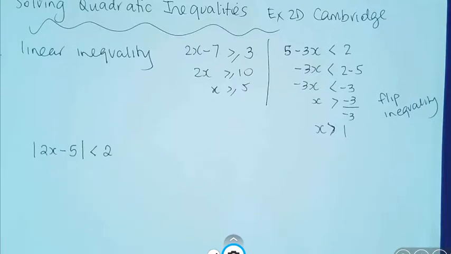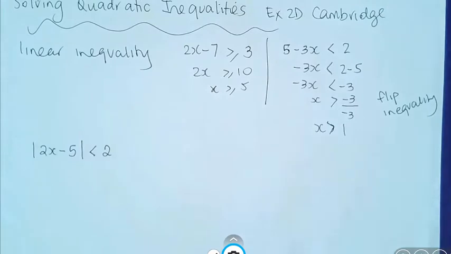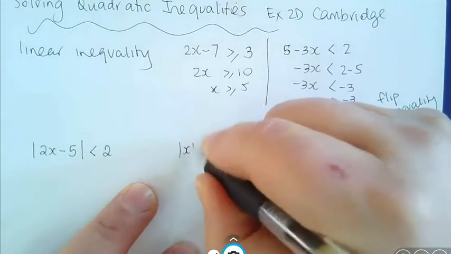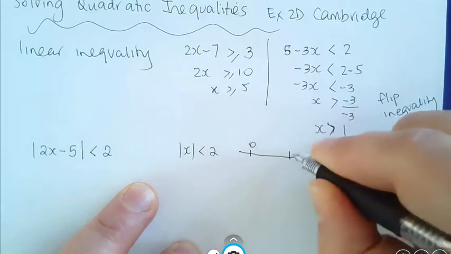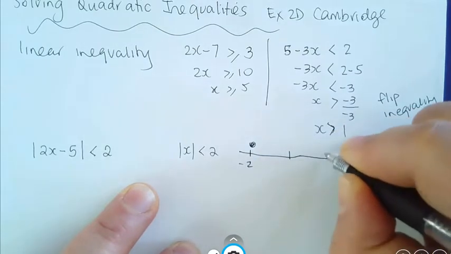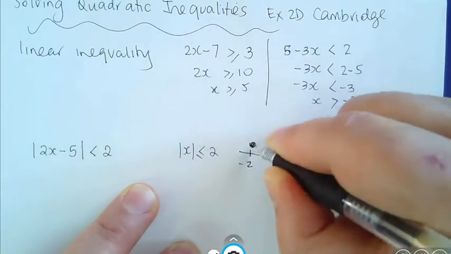The best way to do these: absolute value means distance from the origin. So before I solve this, if I show you absolute value of x is less than 2, this means the following. I've got negative 2, 2, 0. Let me make it less than or equal to, and I can colour it in.